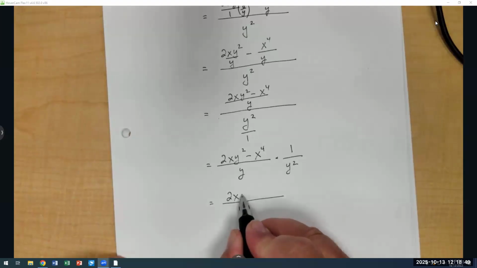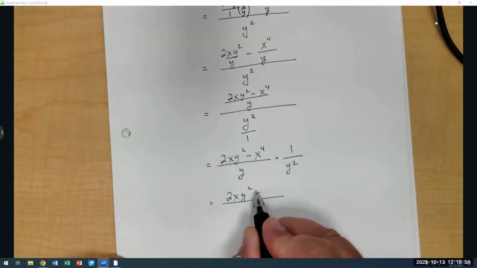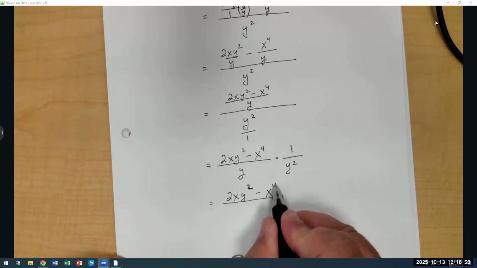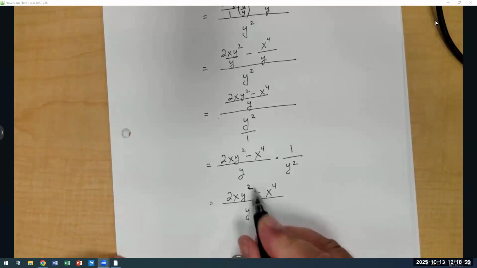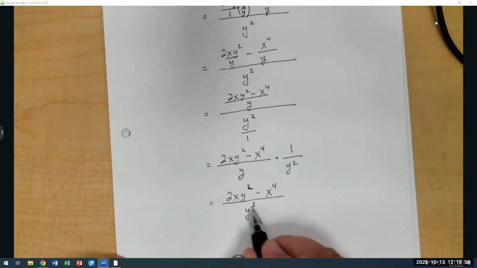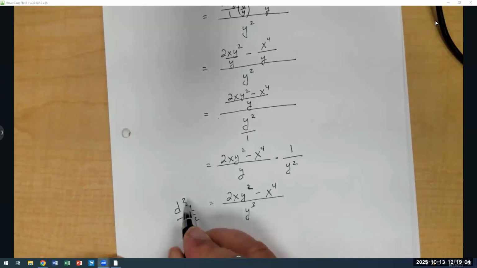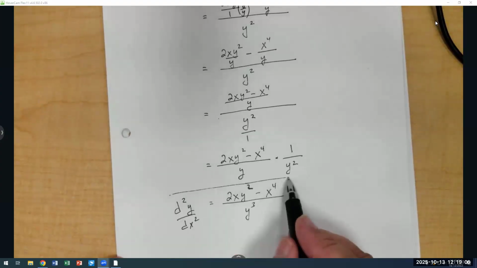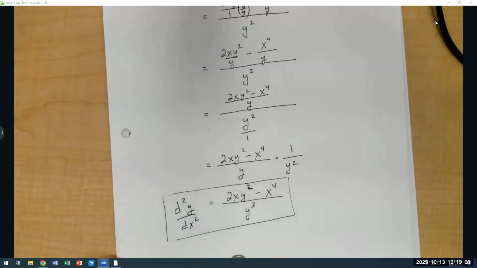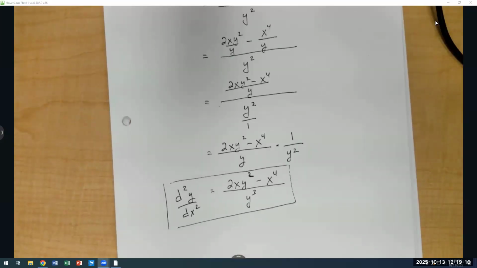We have 2xy squared minus x to the fourth. X times x squared is x cubed. And that's my denominator. That's my function.